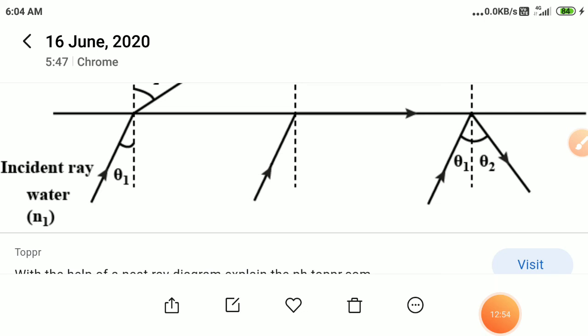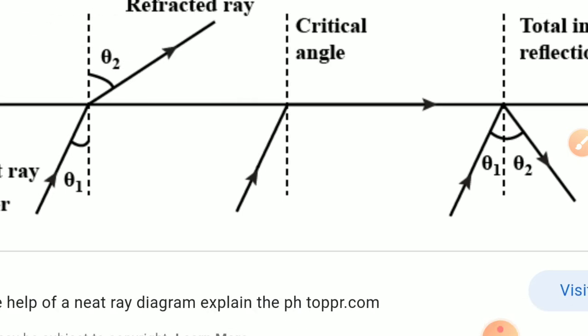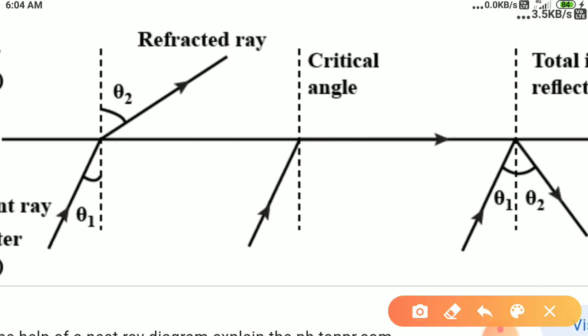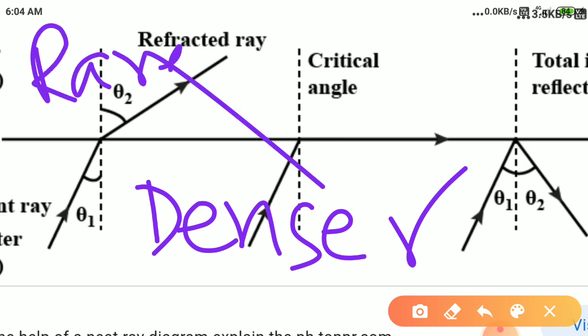Now, what is total internal reflection? When a ray of light passes from a denser medium to a rarer medium, it bends away from the normal.